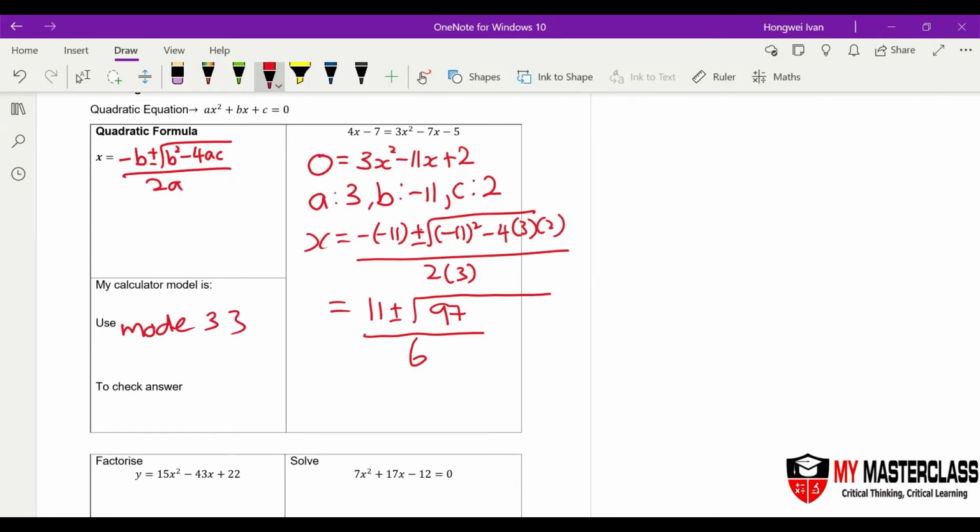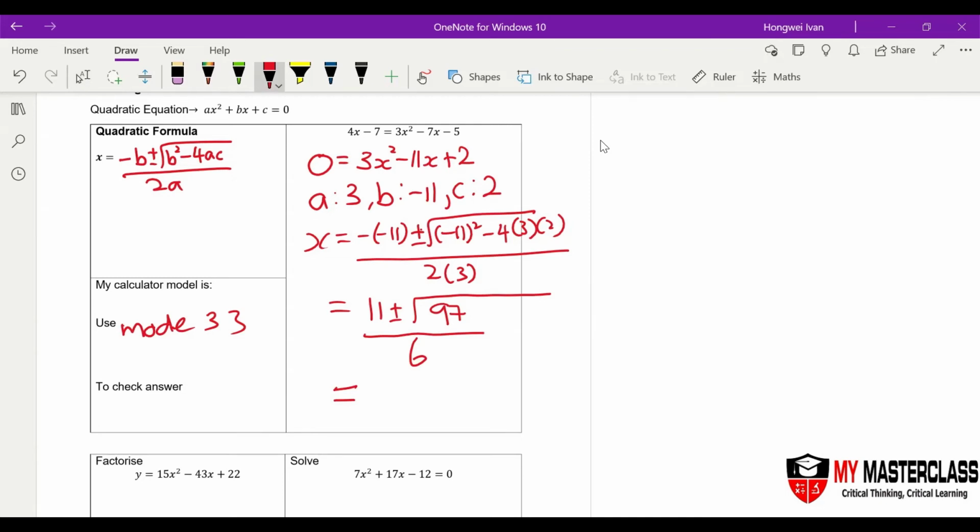Mode 43. Mode 33 or mode 522? Which one is yours? Janessa, mode 33, is it? Yeah, mode 33. Okay.